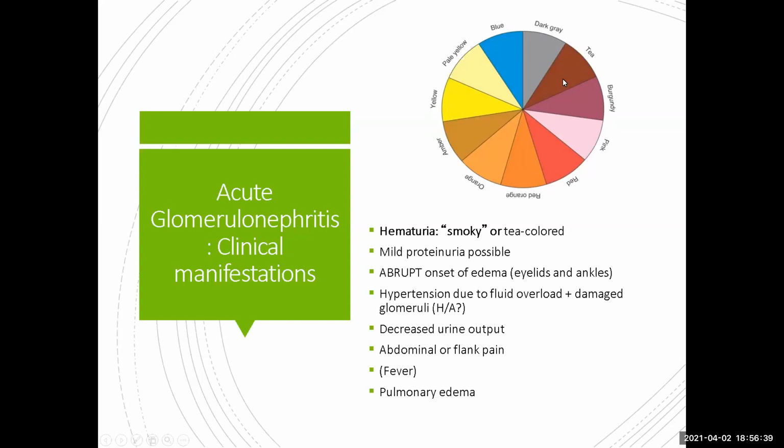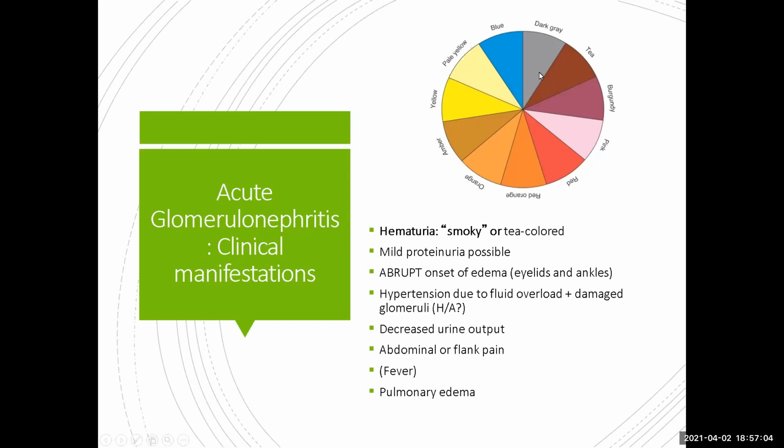why do you think it's not red? I'm just asking, why do you think it wouldn't be bright red? No blood. Sitting for a while, exposed to oxygenation as well.